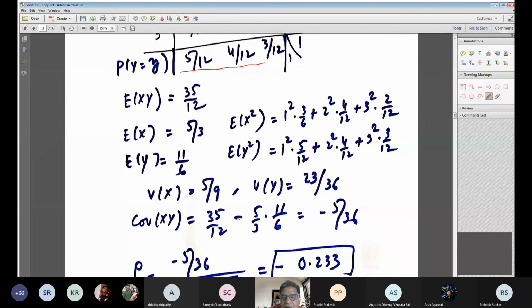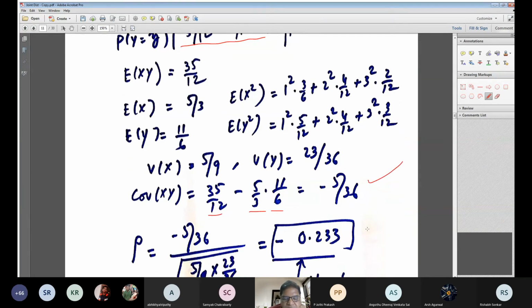Expected value of x is 5 by 3 and expected value of y is 11 by 6. So 5 by 3, 11 by 6, and this term. So ultimately the covariance is minus 5 by 36.